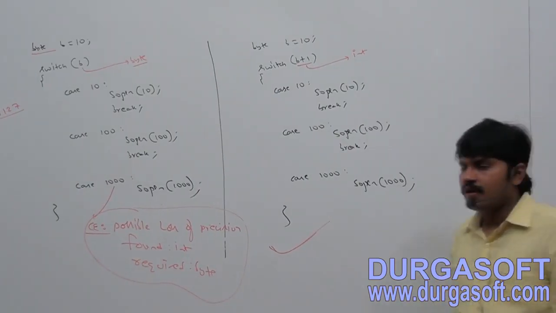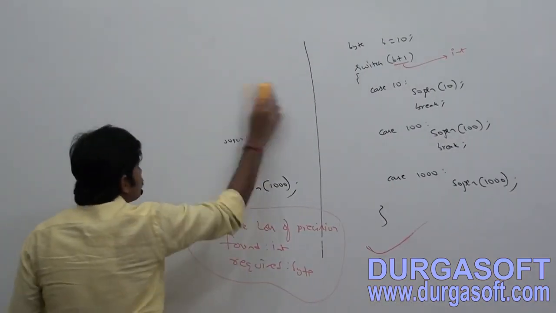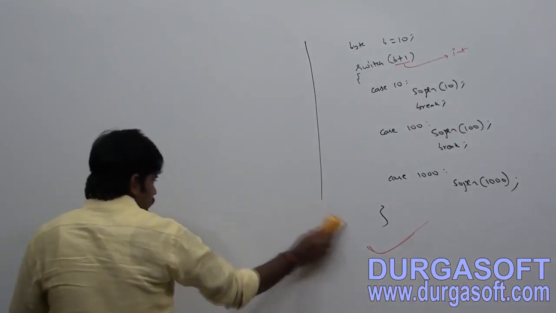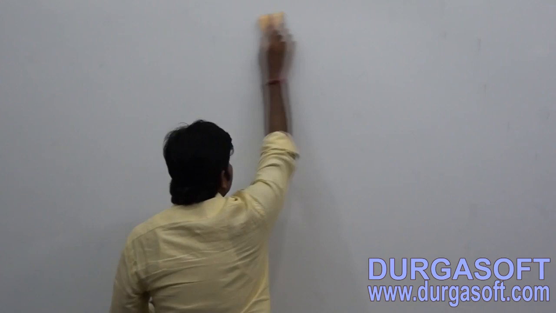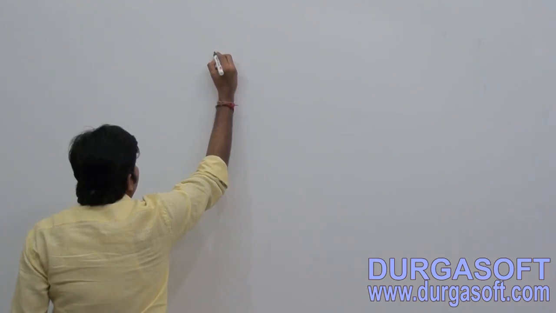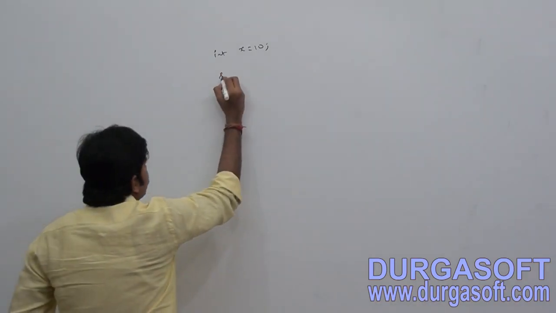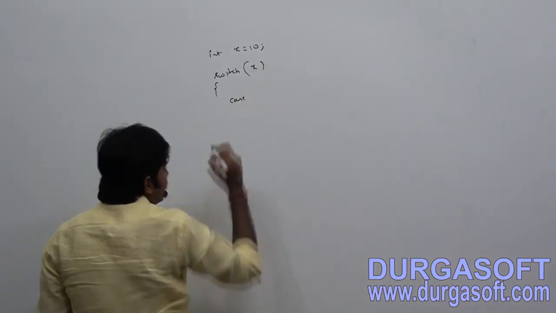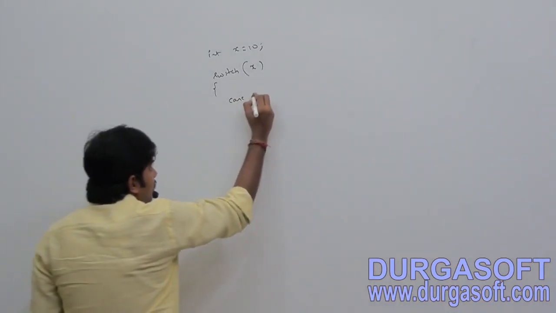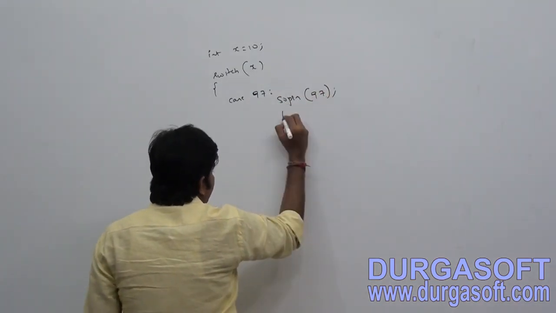Okay, next one. Next loophole. Here see this point well. Here I am taking int x is equal to 10. Switch of x. Case 97, SOP of 97, break.